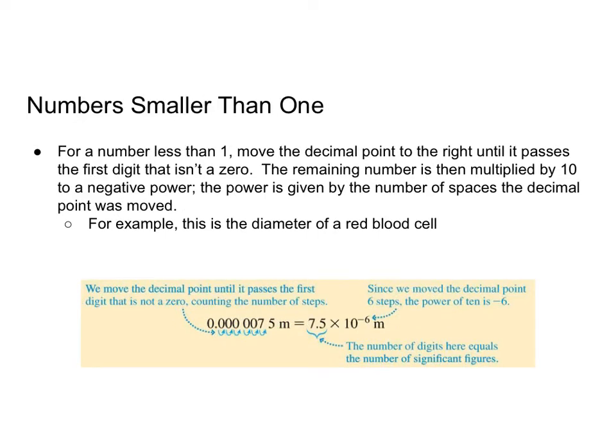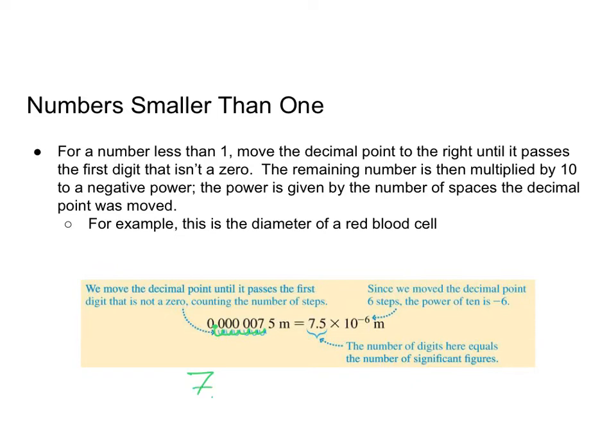All right, what about numbers that are smaller than 1? Here, for example, we have the diameter of a red blood cell, something very small. It is 0.0000075 meters. In this case, I'm going to move the decimal the other way. Right now, the decimal is right here. I count 1, 2, 3, 4, 5, 6 places.